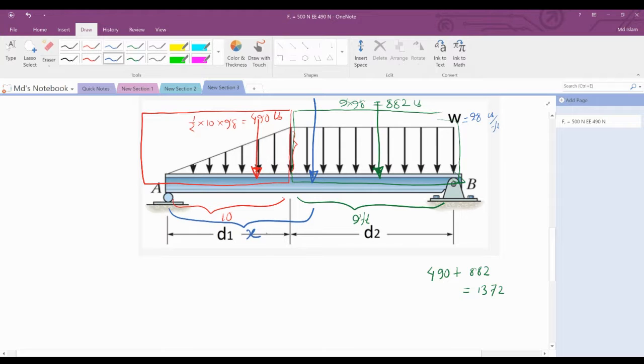the moment of this resultant force should be equal to the moments of this triangularly distributed force and this rectangular portion of the uniformly distributed load.